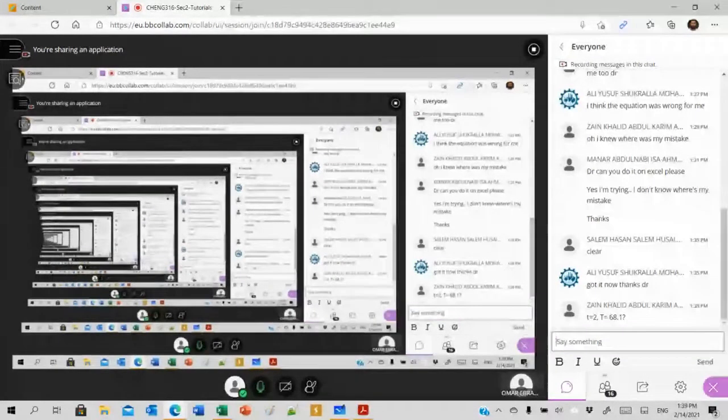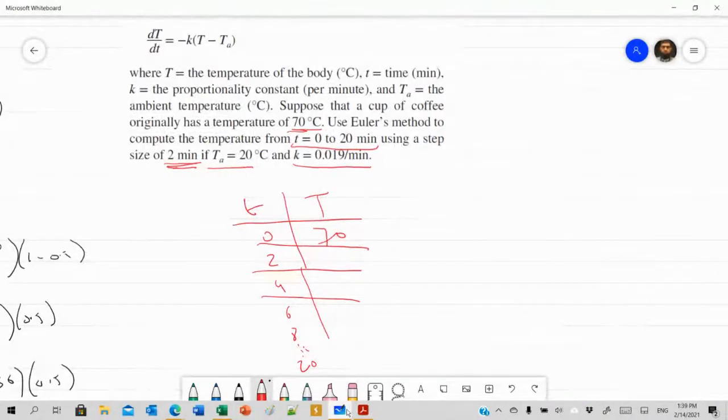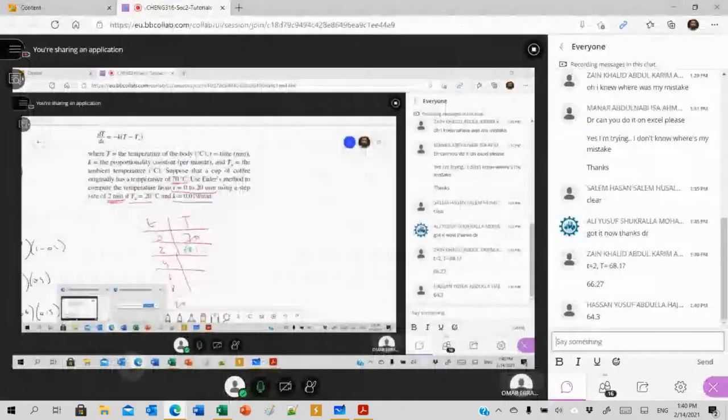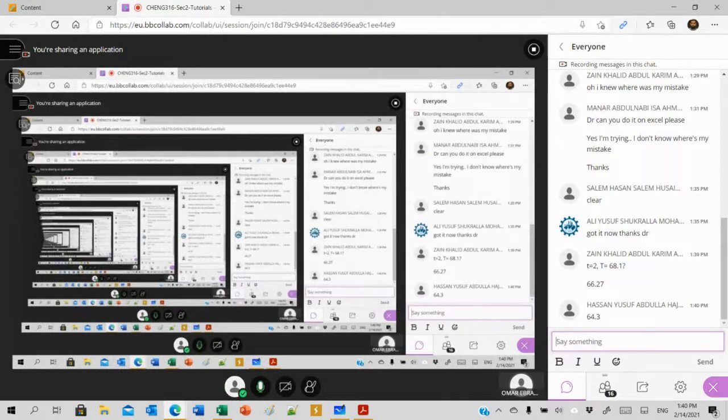T2 is 68.1, yes. T2 is 68.1. Then 66.27.